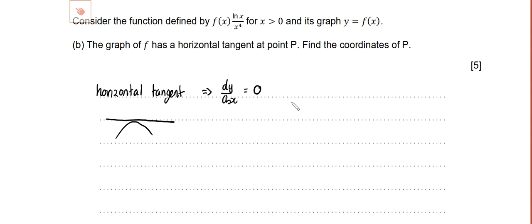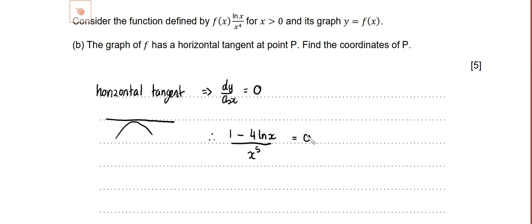Well, we've got a function for gradient, no? What was that? So that's 1 minus 4 natural logarithm of x over x to the power of 5 equals 0. So now you know why part A was a show that question.